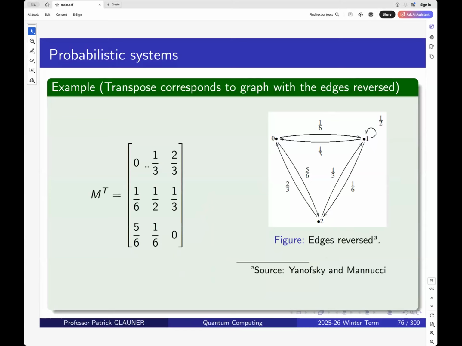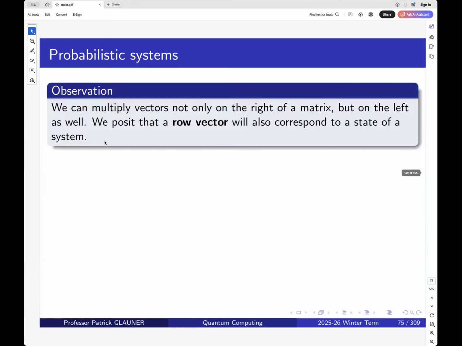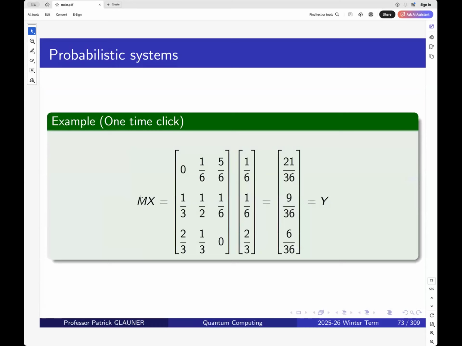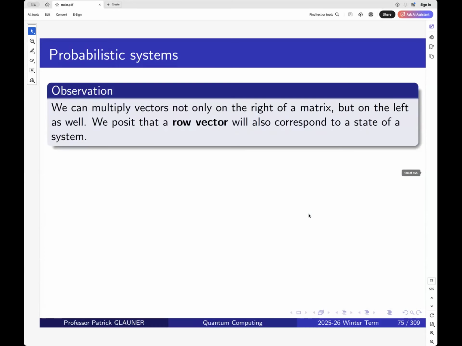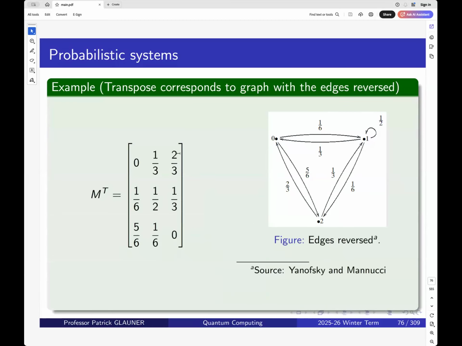What we can also do is, if we take our matrix M, which was before, so this one here, this dynamics, I can also transpose M if I wish. Transposing is a simple operation you have seen before. And if I transpose, I'm actually just reversing these edges.